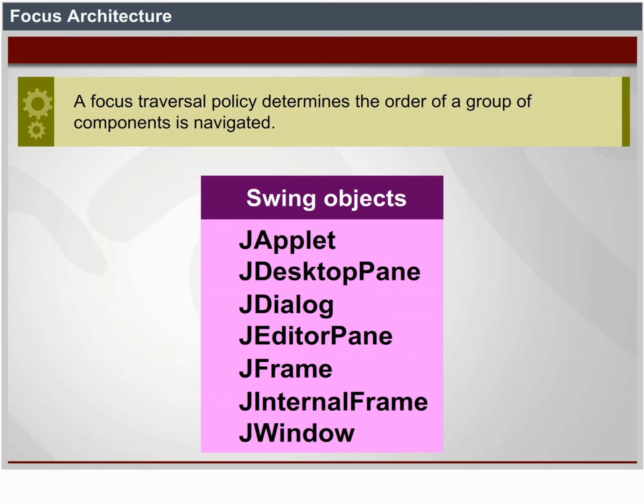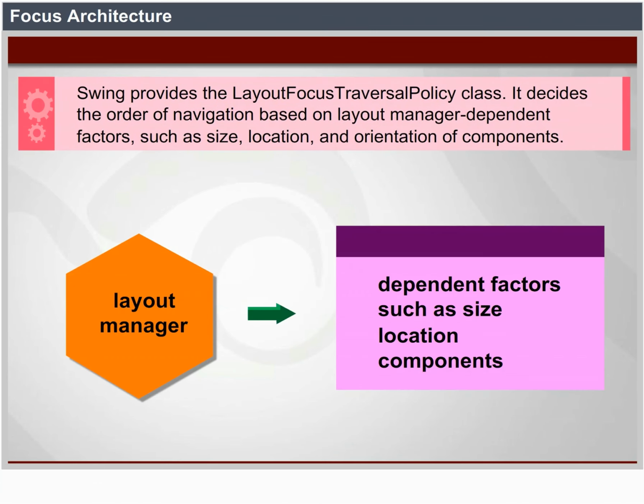A focus traversal policy determines the order in which a group of components is navigated. Swing provides the LayoutFocusTraversalPolicy class. It decides the order of navigation based on layout manager dependent factors such as size, location, and orientation of components.